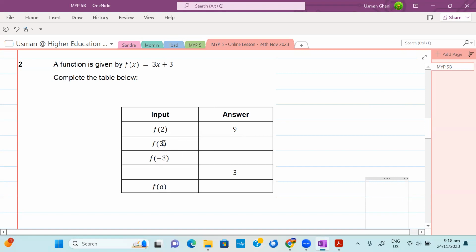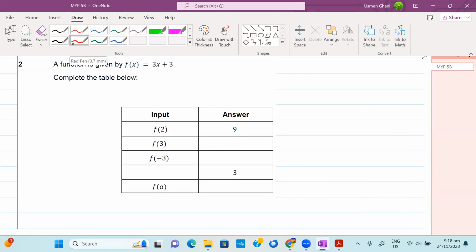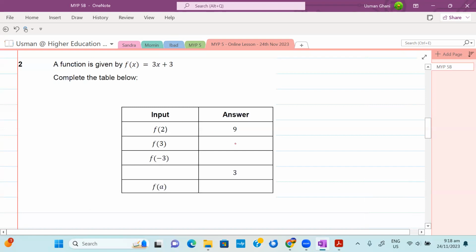Now, you can give 3 as an input to your function and just try it. In order to label everything here, I'll use numbers: part number 1 is this, part number 2 is this, part number 3 is this, and part number 4 is this.